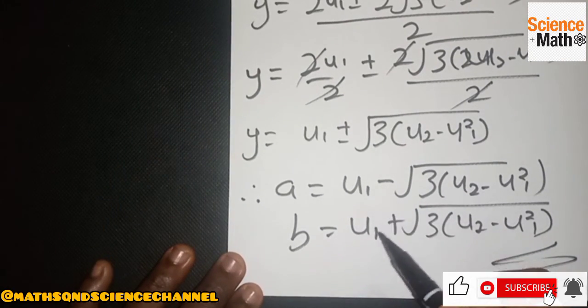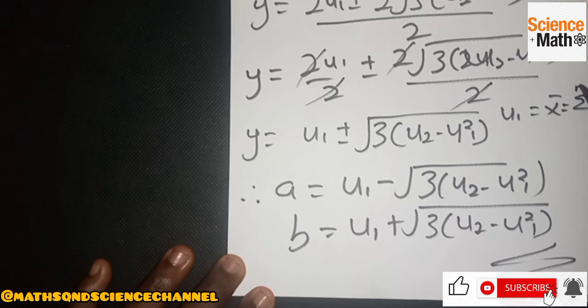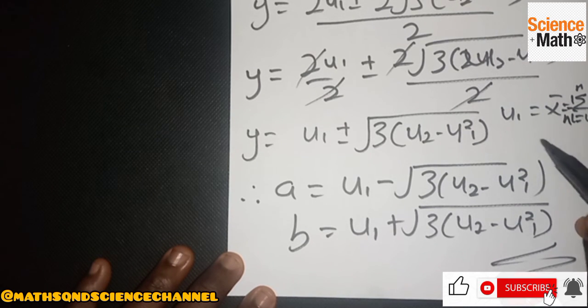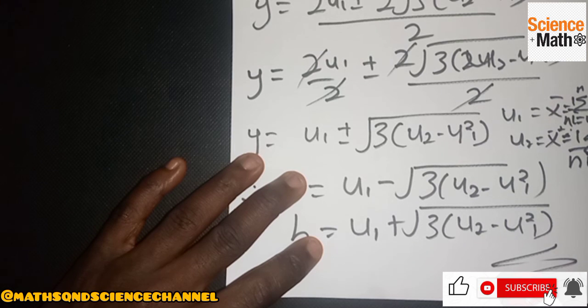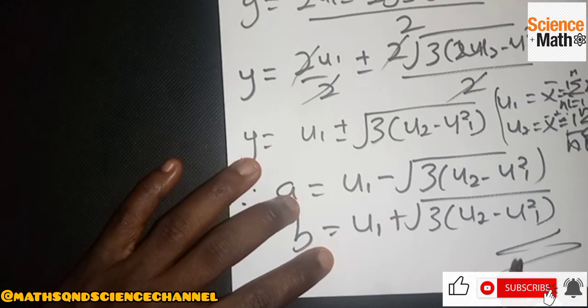Now in this case also, remember that u1 is just the s bar, the normal mean, which is written as 1 over n, the summation of s i, i equal to 1 to n. And then u2 is just squaring that, so we have 1 over n, the summation of s squared i, i equal to 1 to n. So we can just replace u1 and u2 with these things there.